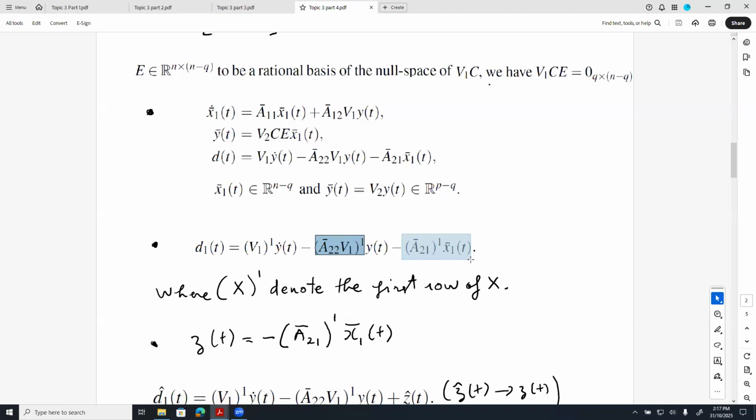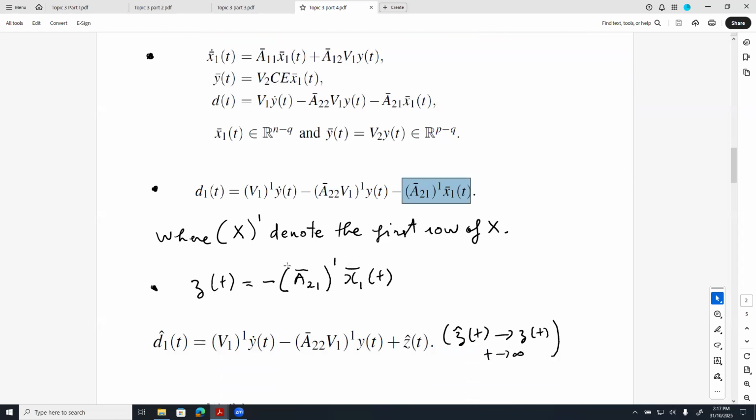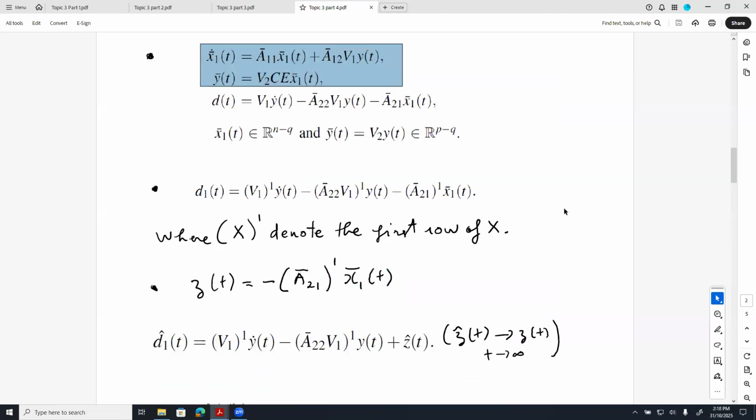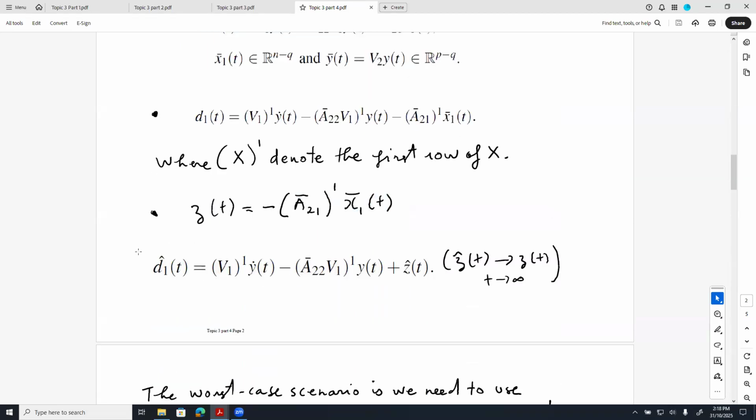Okay? So when we do it, then we can design a reduced order linear functional observer to estimate a linear combination of the reduced order stack system here, which is a disturbance-free system. So that is a straightforward way to get the estimation of the unknown input d1 of t.